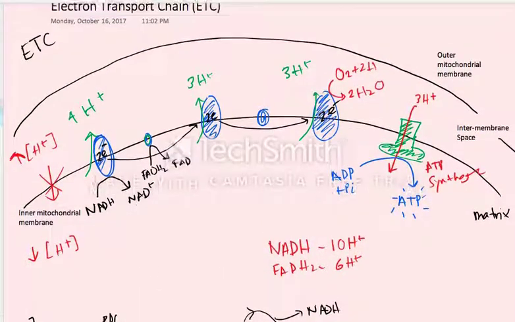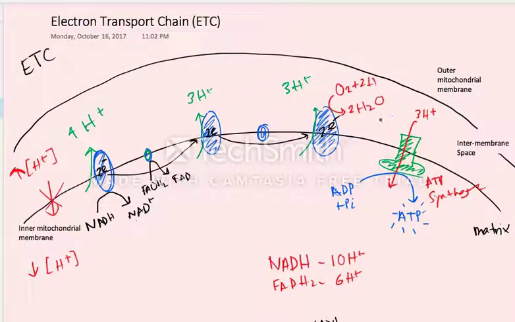Now, as you can see here, the oxidation of glucose is linked to the phosphorylation of ADP. This process is coupled. The proton gradient that we're producing here is coupled to the ATP production.